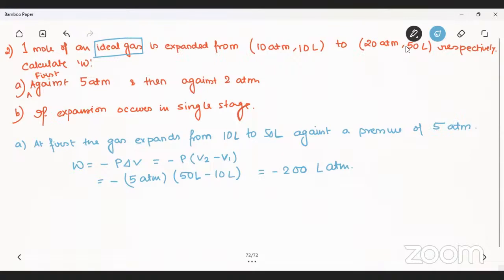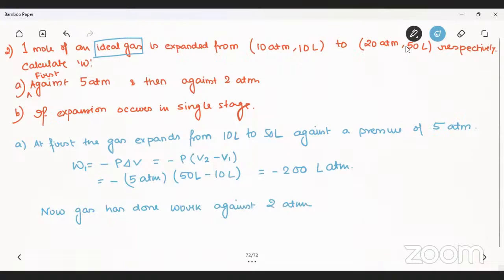Now, at first against 5 atmosphere and then against 2 atmosphere. So how to calculate for the 2 atmosphere? Now, the gas has done work, this is W1, and then it has done work against 2 atmosphere.